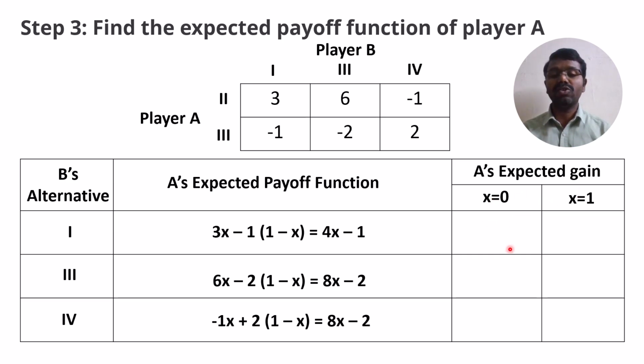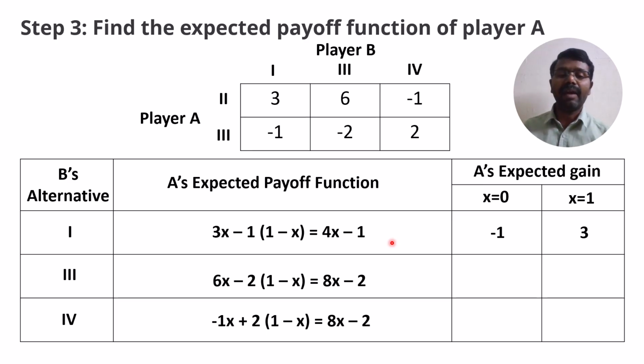At x is equal to 0, what is the value, and at x is equal to 1, what is the value? So at x is equal to 0 the value will become minus 1, and if x becomes 1, the expected payoff function value will become 3.